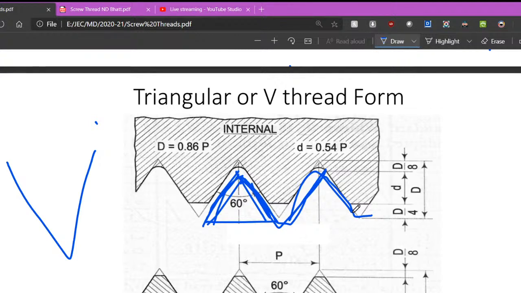There would be greater friction and it will require more force, so it will not slide smoothly. That is another reason that we cut the crest and root, making it rounded in the internal thread and cutting the crest from the external thread.